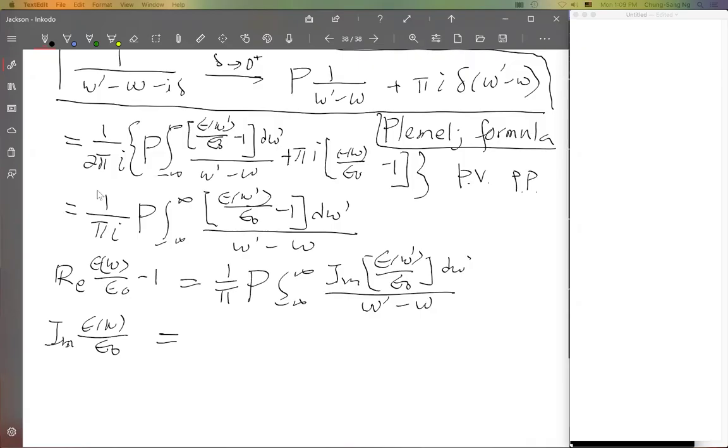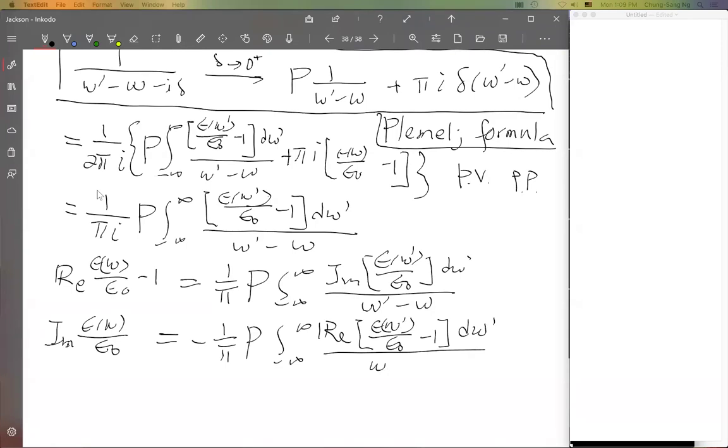So that equals the negative 1 over pi principal part of the real part of this function divided by omega prime minus omega. Okay, so that's omega prime.